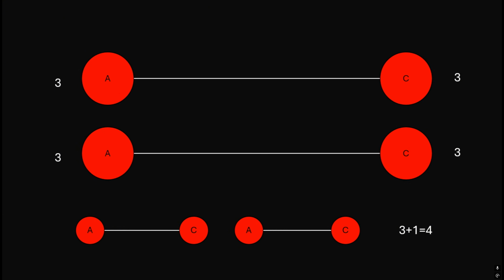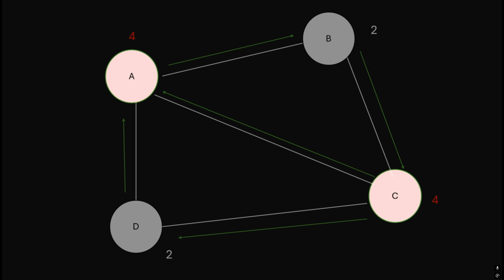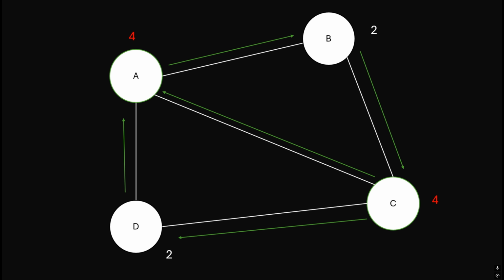Both degrees become 4, because the duplicated edge adds only 1: 3 plus 1 becomes 4. All degrees become 4.